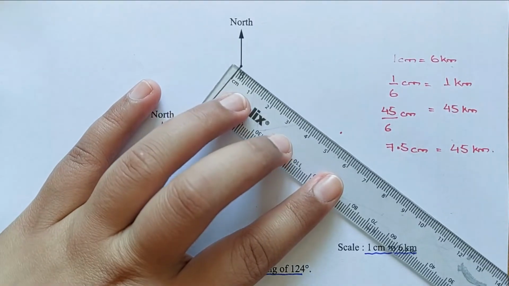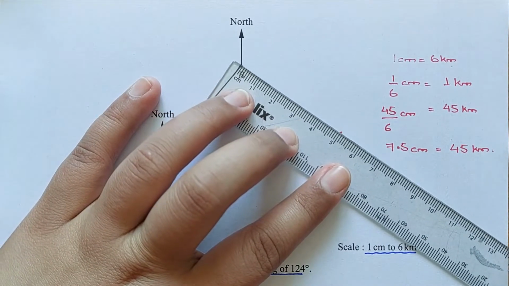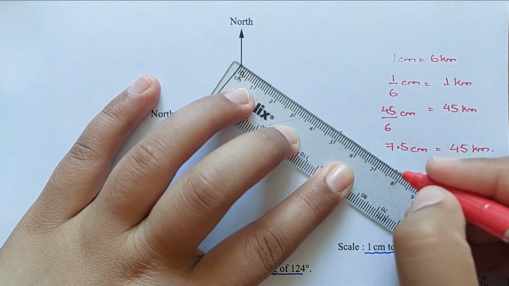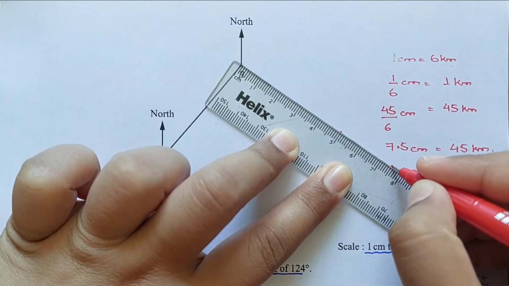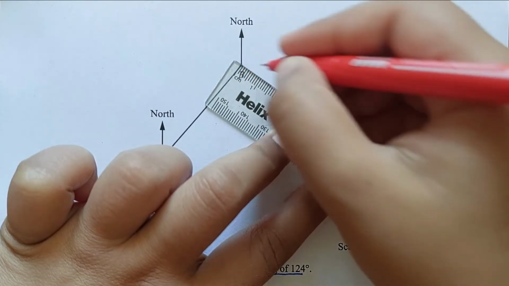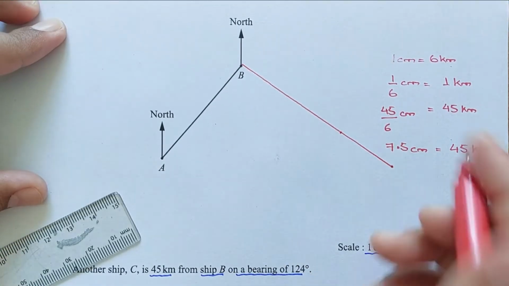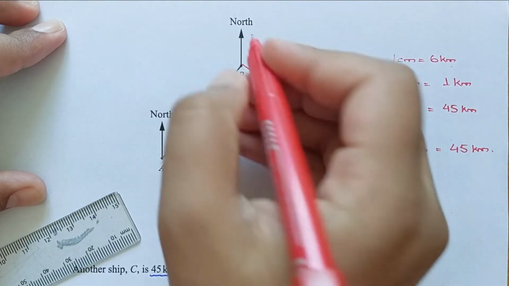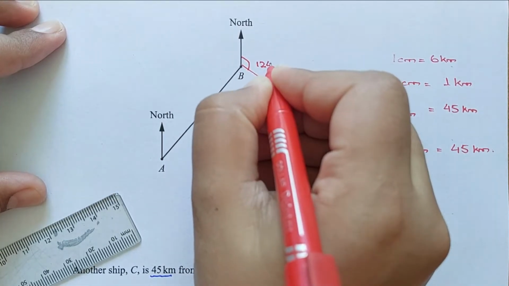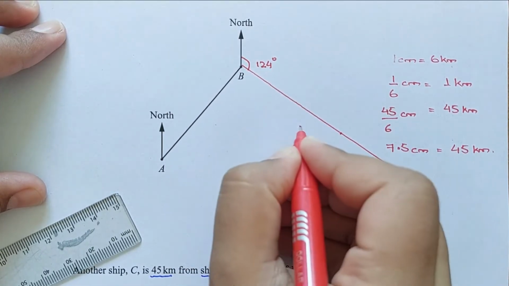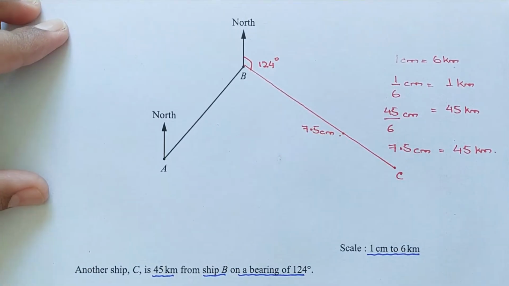These are centimeters. 0 centimeter connecting with this point. Okay, 7.5 centimeter you can see is over here. This point is the 7.5 centimeter and it lies on this bearing. So here is the position of C, and this whole bearing is 124 degrees, and this line is 7.5 centimeters.